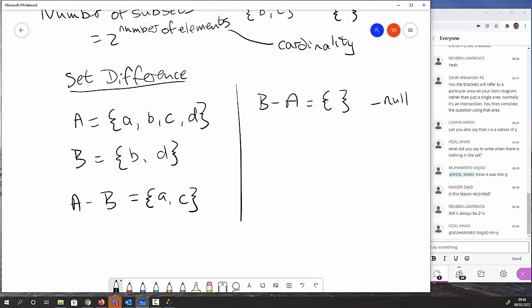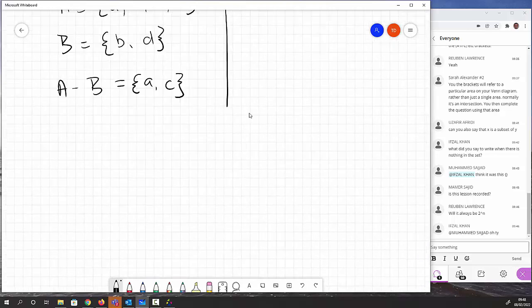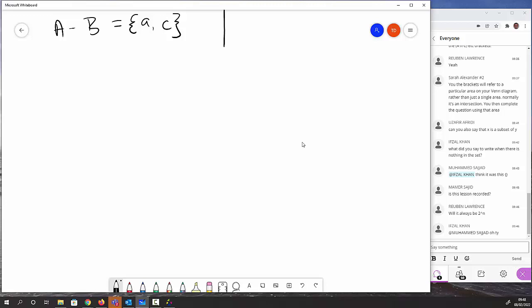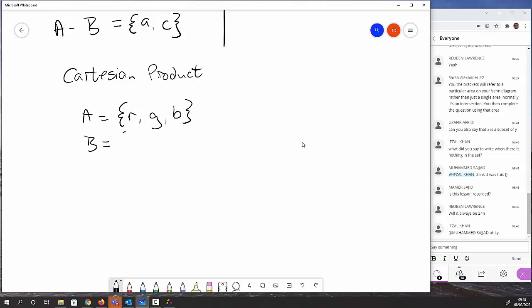So the next thing I want to look at is the Cartesian product. Good old Descartes. So let's imagine I've got A is equal to red, green and blue, and B is equal to 2, 4 and 6.